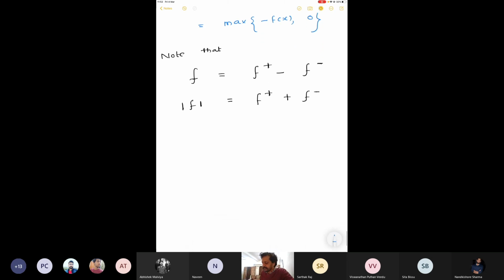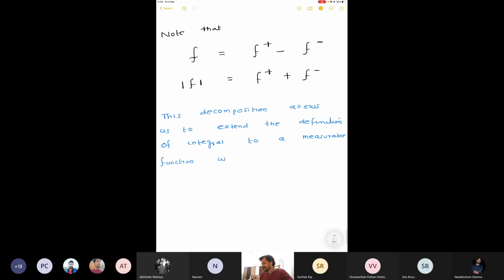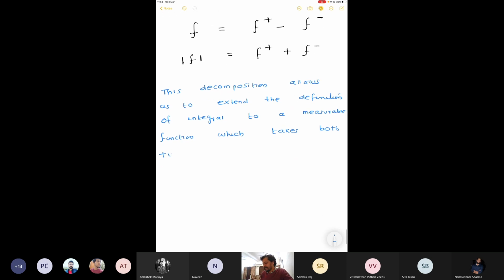Before that, let me make a comment here. This decomposition, especially the first decomposition, allows us to extend the definition of integral to a measurable function which may be both positive and negative, a measurable function which takes both positive and negative values.